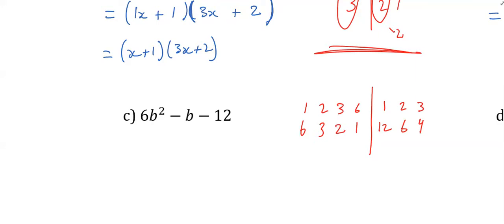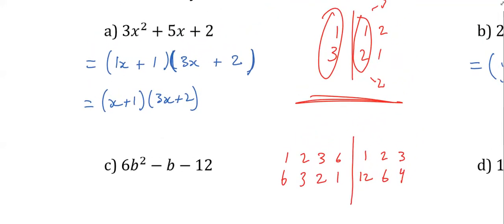Any questions so far? Is everybody okay about how we got those factors? We're looking for a difference of 1. Again, if you want to watch, I go like this. 1 times 12.